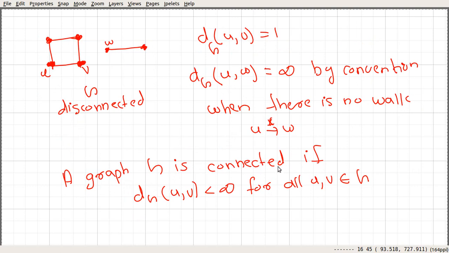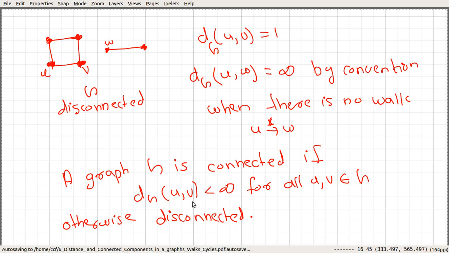A graph G is connected if the distance between each and every pair of vertices is less than infinity, or a finite number. Otherwise the graph is disconnected. So that is the formal definition of a connected and a disconnected graph.